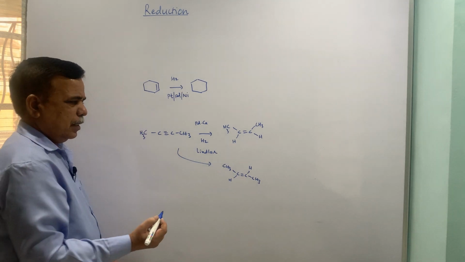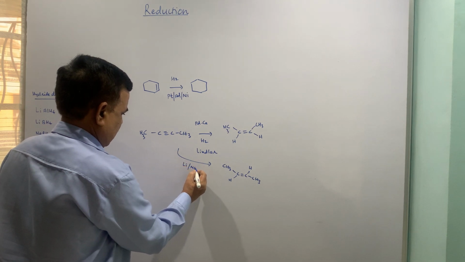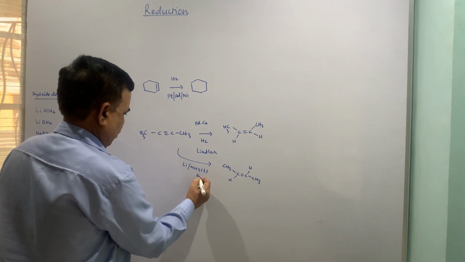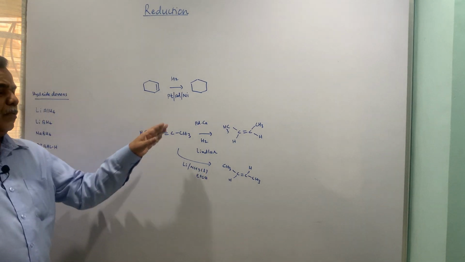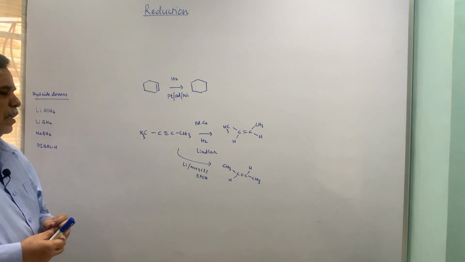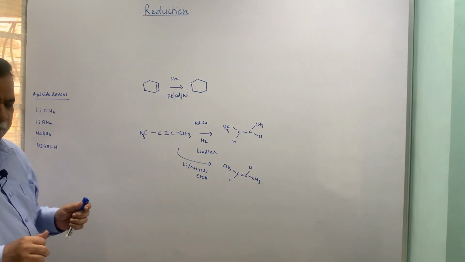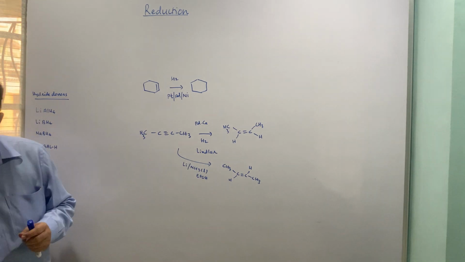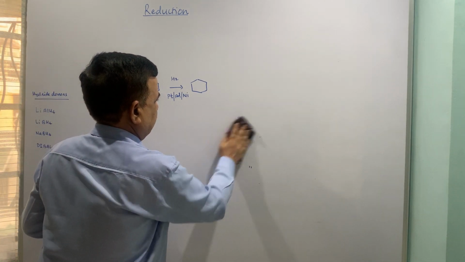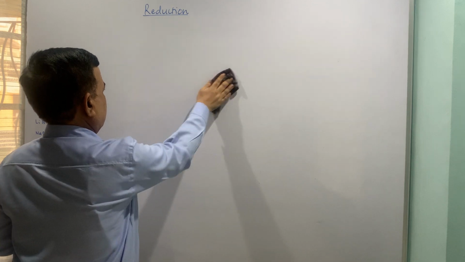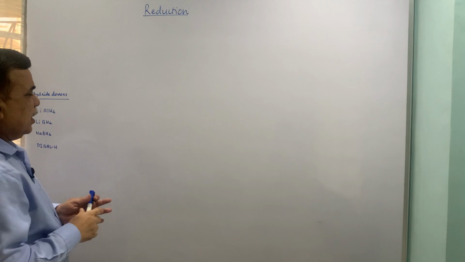In addition, we have seen this is your lithium, Birch type reaction, wherein the reaction proceeds through radical anion and ultimately you get the trans alkene. Another reagent is there, those specific reagents we will see later.